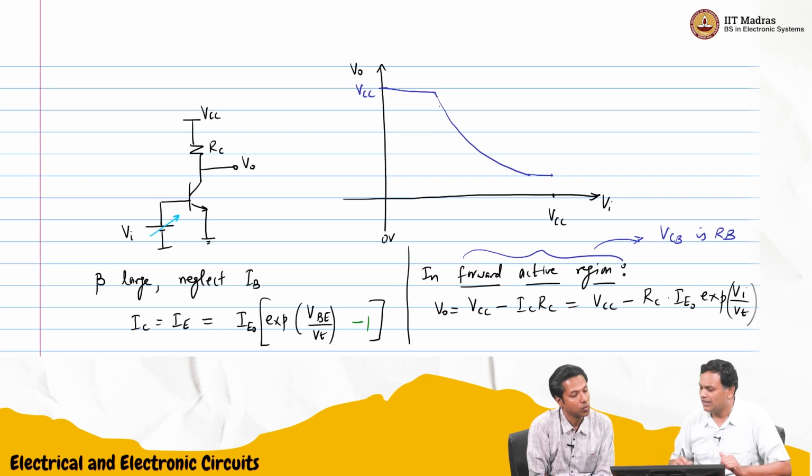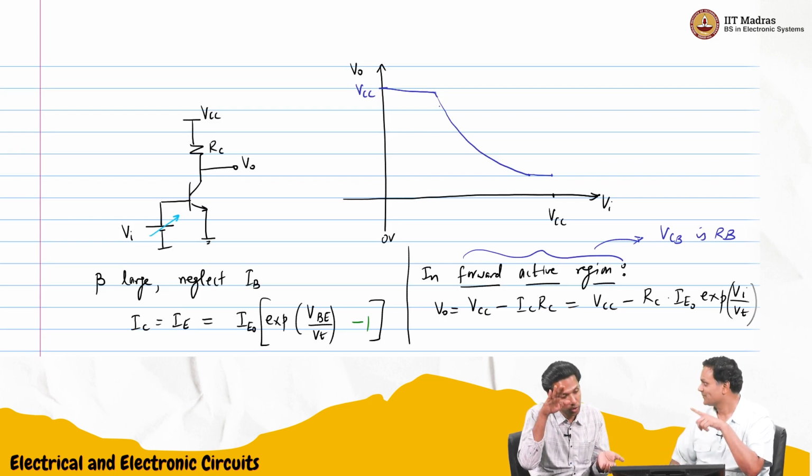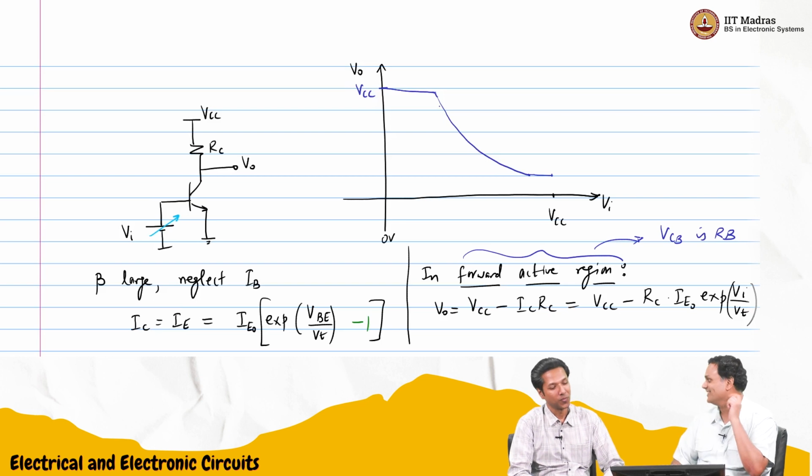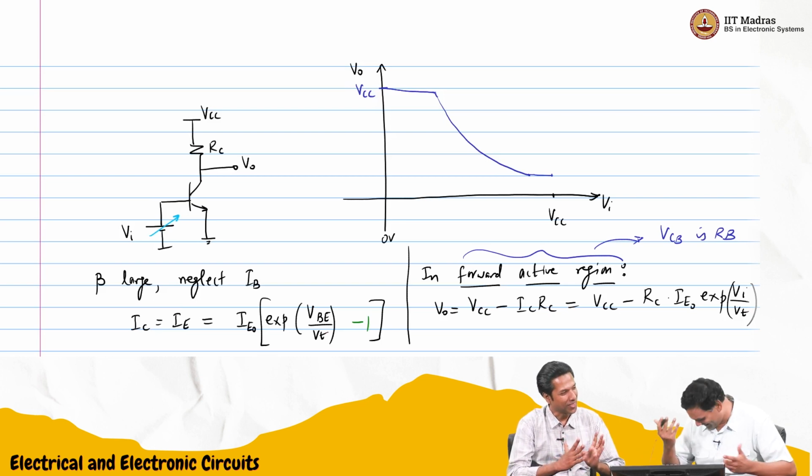So we have actually seen this before. When the input increases, output decreases. I think some of the students might be taking some other course, in digital, where this might be useful. It's a kind of inverter, although it's not a proper inverter.